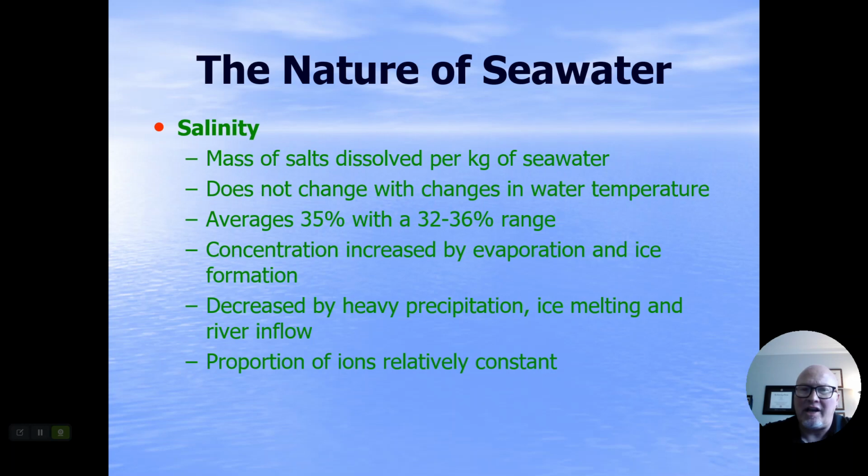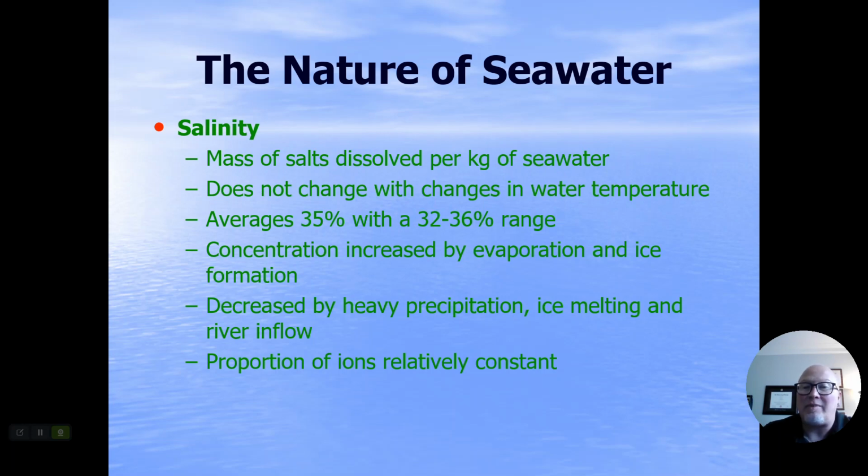It doesn't really change with the changes in the water temperature, although in various places, as the water evaporates, you're going to get more salinity. As water evaporates, you get more salinity because the salt doesn't evaporate, and so it does sink.